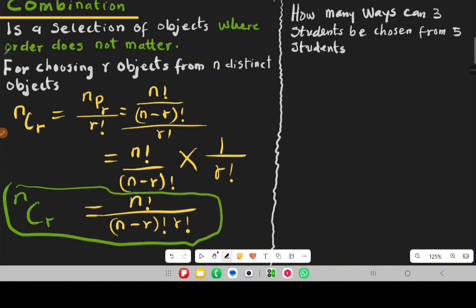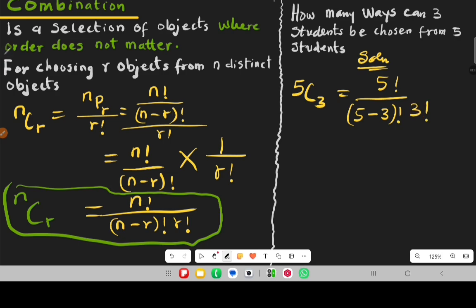Example, how many ways can 3 students be chosen from 5 students? Solution, this is the same thing as 5 combination 3, which is given as 5 factorial all over (5 minus 3) factorial, 3 factorial. 5 minus 3 factorial gives us 2 factorial, 3 factorial.